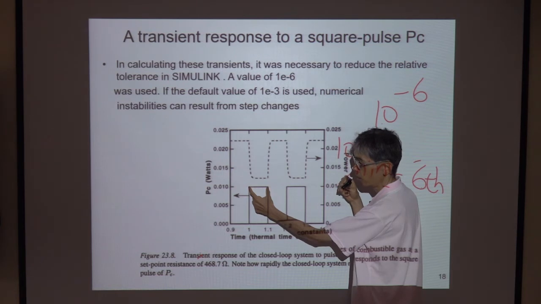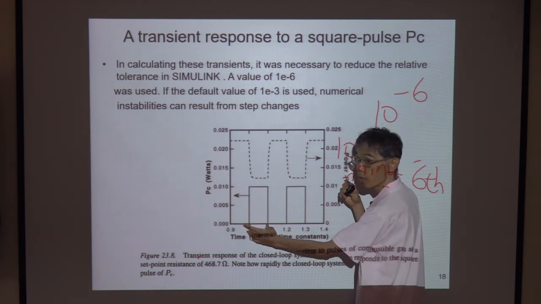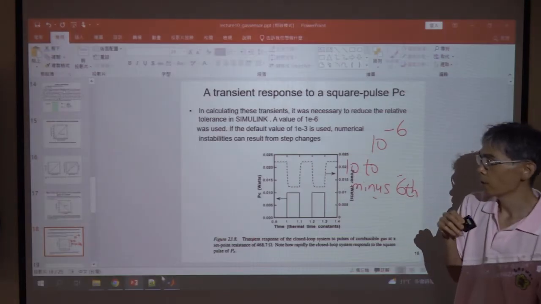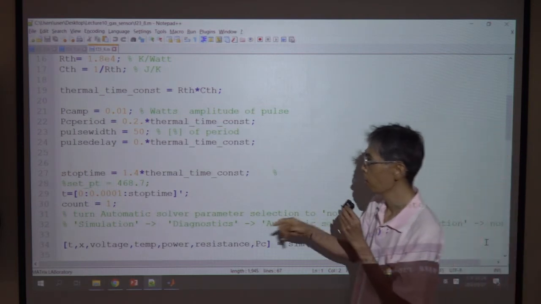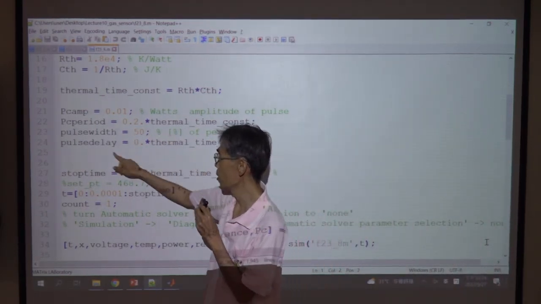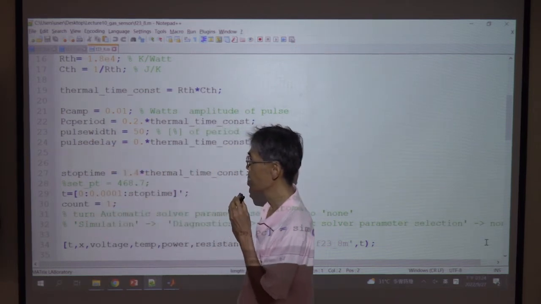This high signal occupies 50% of this period. So the duty cycle is 50%. So this is duty cycle. Okay, go back to editor. 50% of the period is the pulse width, which means the duty cycle.